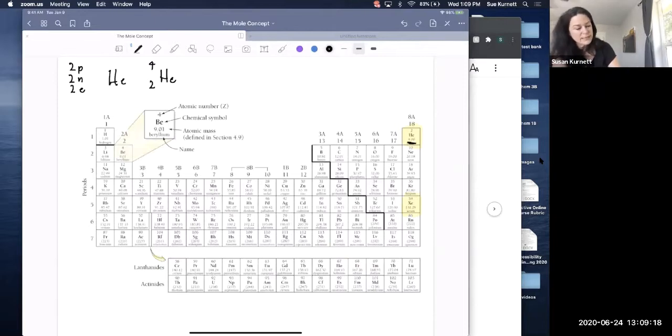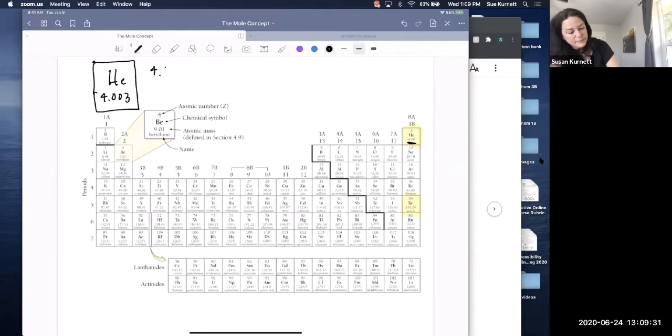Okay, now that was an isotope. I'm going to get rid of my isotope and talk about your average helium. So weighted average of all the isotopes, we have 4.003 AMU per atom. And that's just based on the 6 pieces that would comprise your most common isotope of helium.